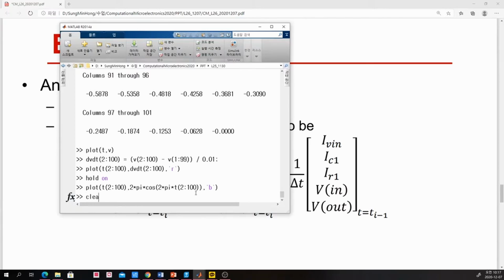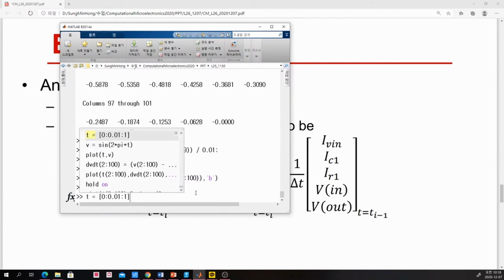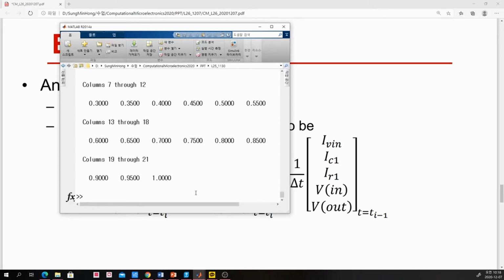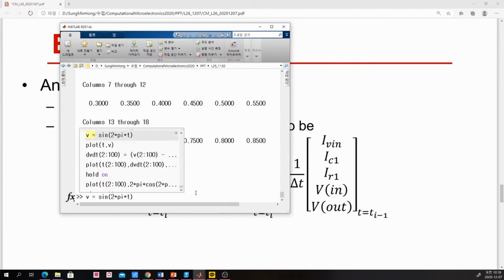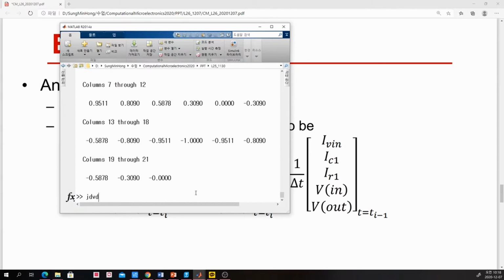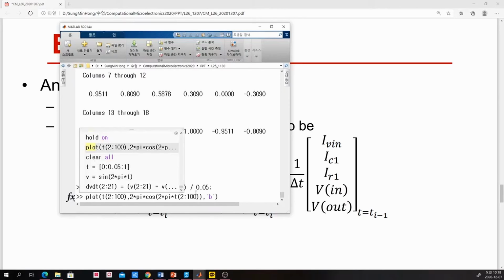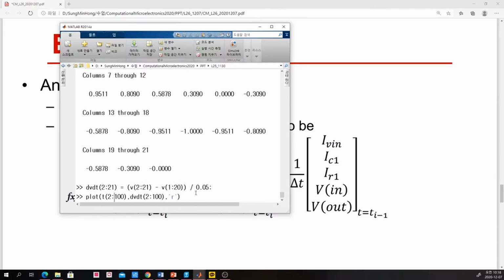For example, let's say now t is given by just 20 positions, and v is given by, and dv over dt is given by up to, oh wow, now we have 21, 20, and yes, plot, yes, 21.